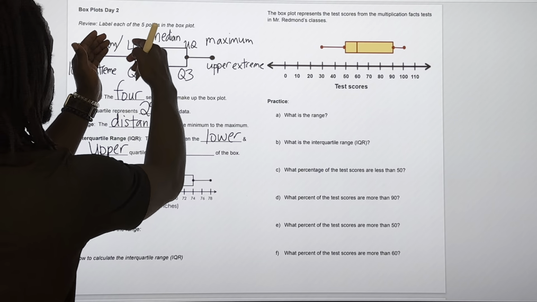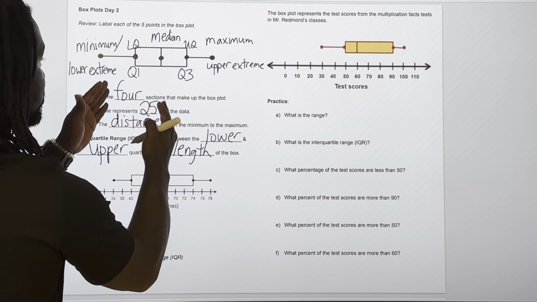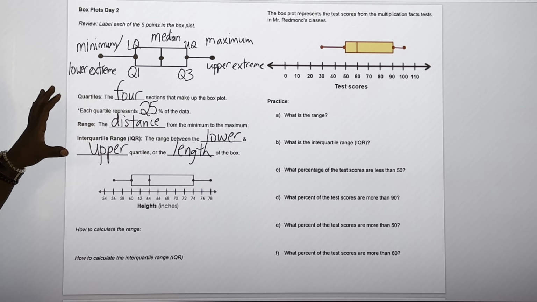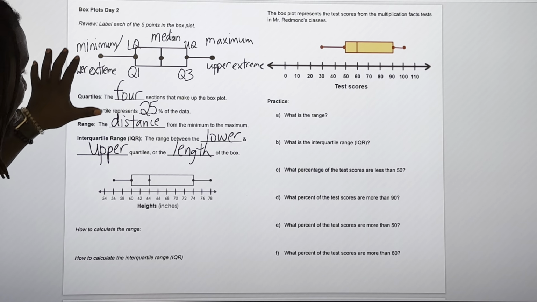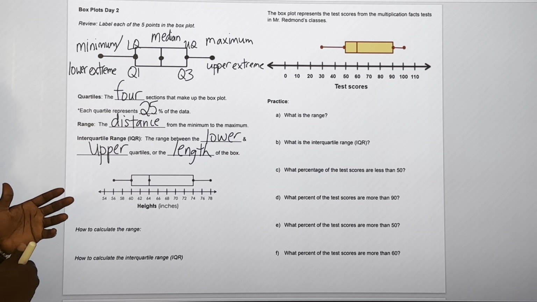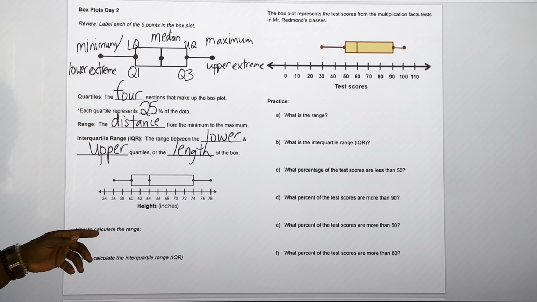Or really, it's the length of the box. How long is the box? So these are some terms that we are going to be looking at and figuring out from our box plot.